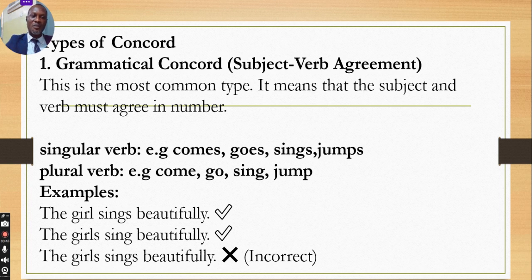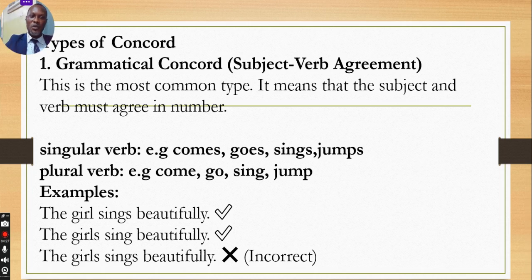When we're talking of a singular verb, usually a singular verb attracts S. Are you trying to get what I'm trying to say? So when you have a singular verb, for example, comes, it has S. Unlike in the singular noun or subject where boy is singular, and boys with that S is plural. But when it comes to verbs, it is not the same.